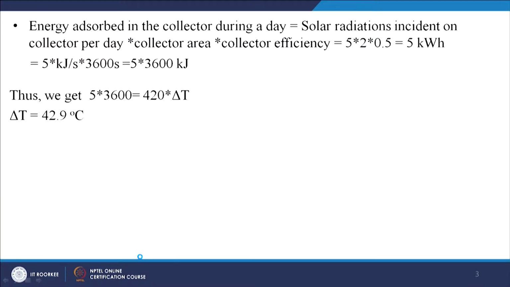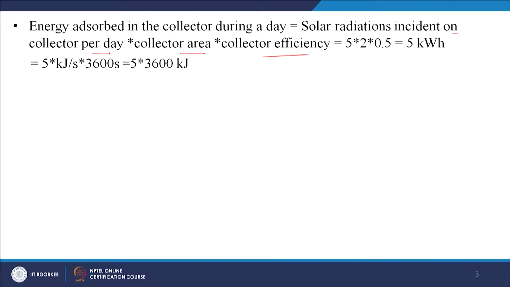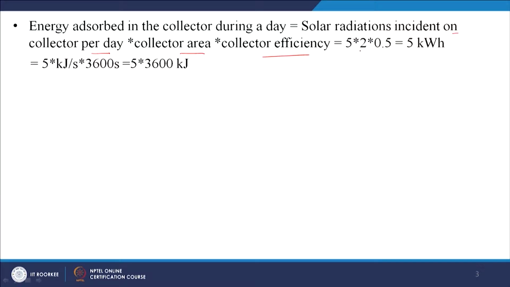Energy absorbed in the collector during a day is equal to solar radiation incident on the collector per day into collector area into efficiency. In our case the solar radiation incident on the collector per day is given, equal to 5 kilowatt hour per meter square. Then 2 meter square is our area, and efficiency is 50%.